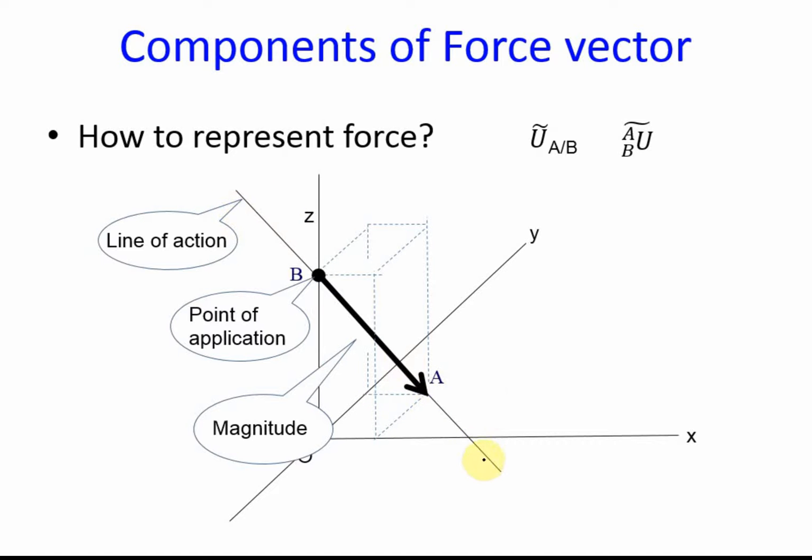Right now I just use a vector as u, but you can name your vector a or r, and in my notes I use a superscript arrow, so this quantity represents the vector.